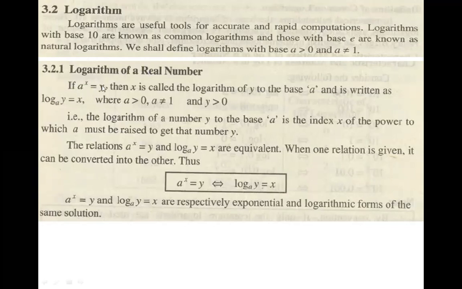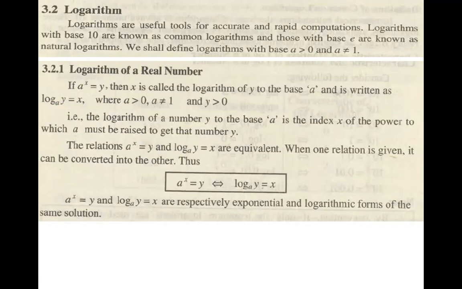When we read it in the logarithm, then we will say that this x is called the logarithm of y to the base a. This x is the logarithm of y when the base is a, and it will be written as log of y to the base a is equal to x.